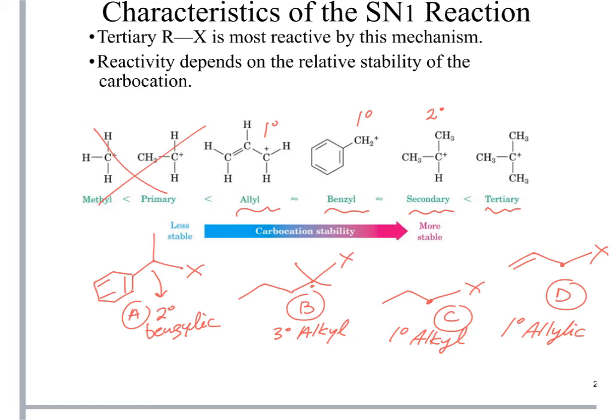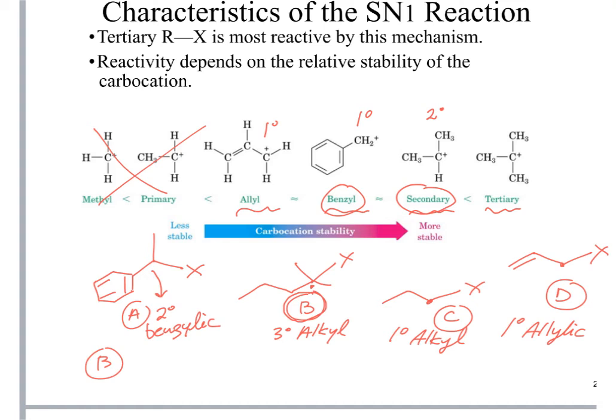So according to the table above, tertiary alkyl will be most reactive, and secondary benzylic, since it's not on this table, but we can see that since primary benzylic has the same reactivity as the secondary alkyl, then we can deduce that secondary benzylic will be just as reactive as the tertiary alkyl carbocation.